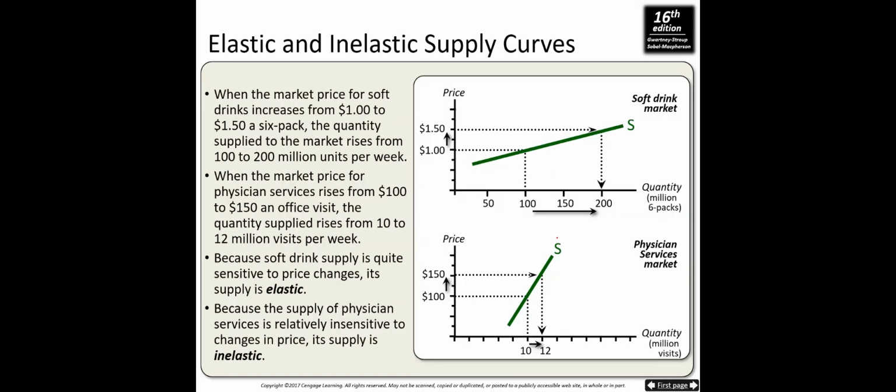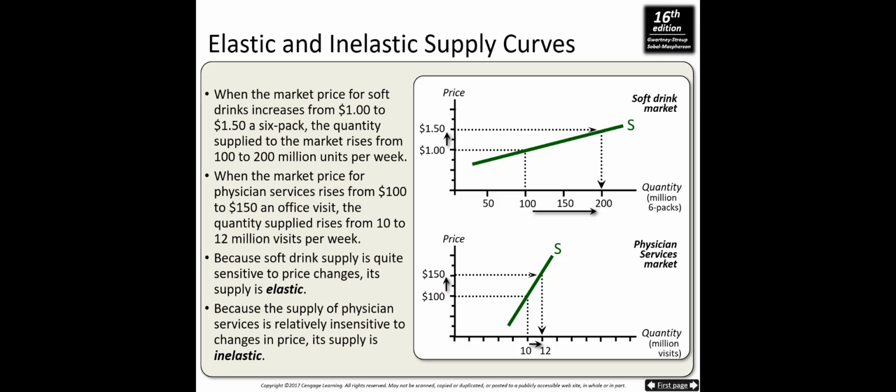Let's see an example. The first one is the soft drinks market. When the price increases from $1 to $1.50, you can see that quantity supplied even doubles, from 100 million to 200 million, because you can easily speed up production and produce as much as the price increase calls for. The second curve represents the physician services market.